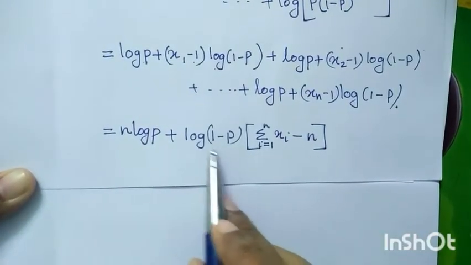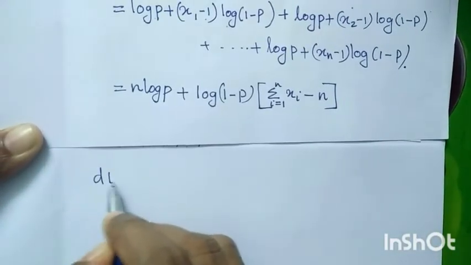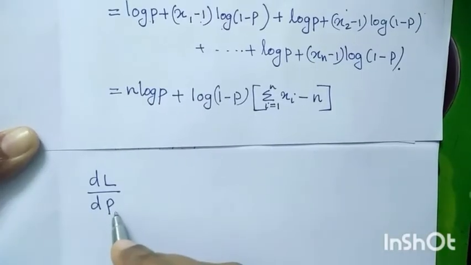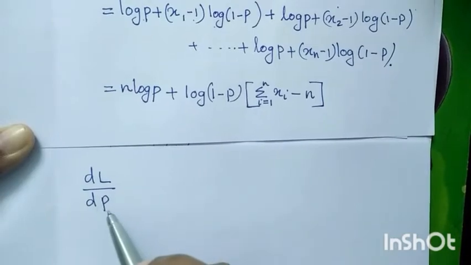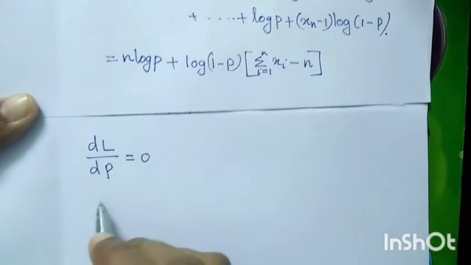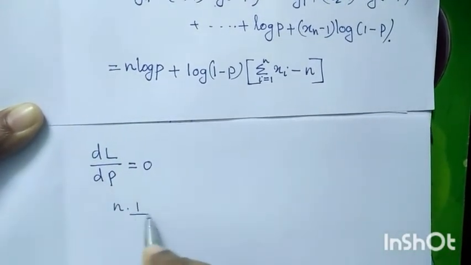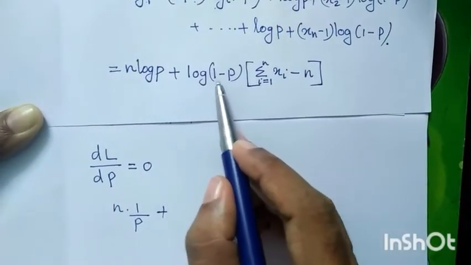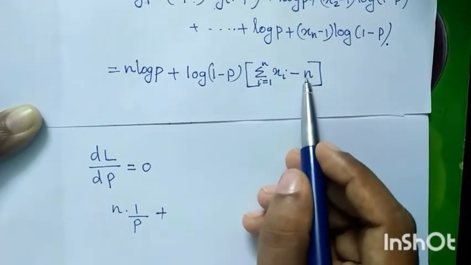Now we have to maximize this log likelihood function. So we set up the equation dl by dp, since we have to find the parameter p. So we differentiate this log likelihood function with respect to p and set it equal to 0. Now the differentiation of n log p is n into 1 by p, plus the differentiation of log 1 minus p into sigma i equal to 1 to n xi minus n.